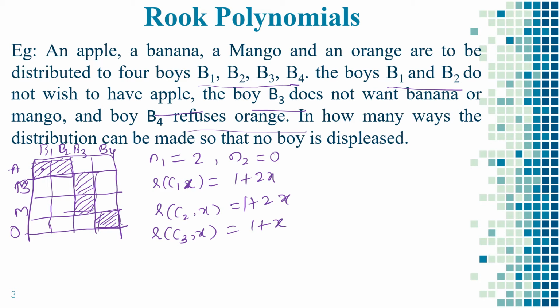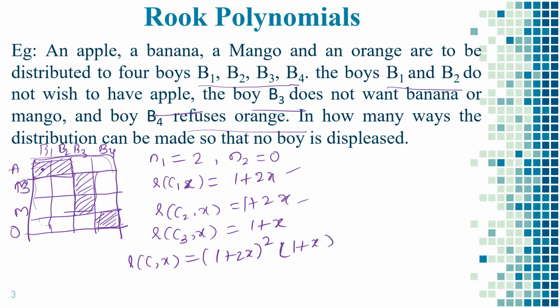Now by using the product formula, we can combine all of them and find out the rook polynomial for the entire board for the forbidden position. So R of C(x) is equal to (1 plus 2x) into (1 plus 2x), that is (1 plus 2x) whole square, into (1 plus x).